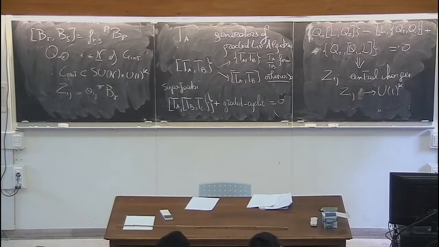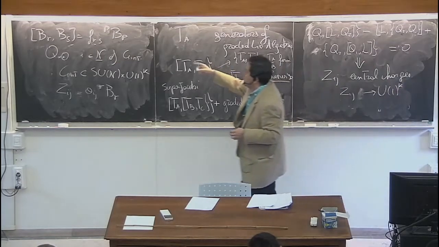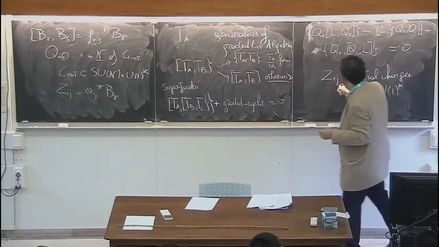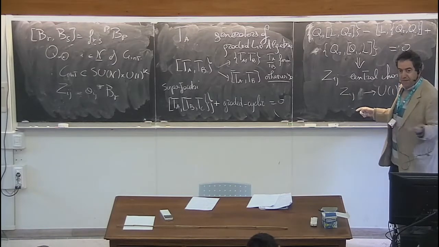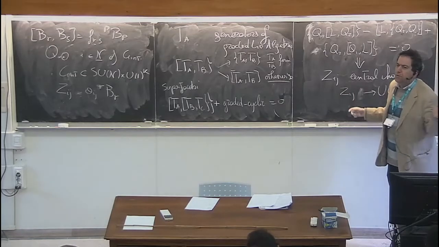And then what else? Well, the B's should also leave Zij invariant. Zij transform in the n times n representation of the internal group, and the internal group should leave Zij invariant because Zij should commute with anything.